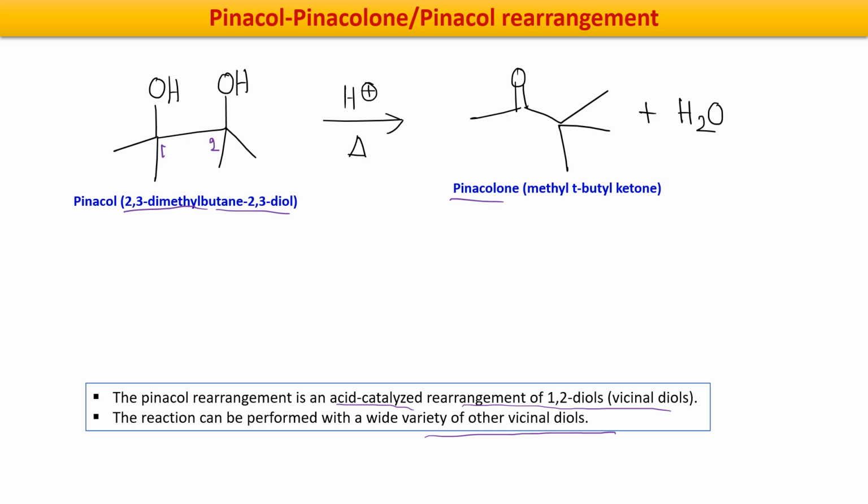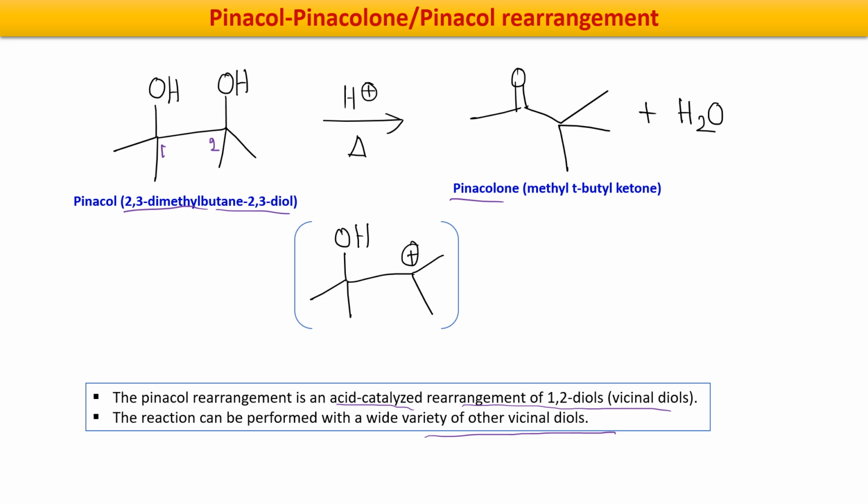So what is happening here? In acidic conditions, one of the OH groups is removed as a leaving group, that is a water molecule. As you can see, this will be the intermediate, though in the mechanism part we will see in detail that a fully formed free carbocation may not be formed.